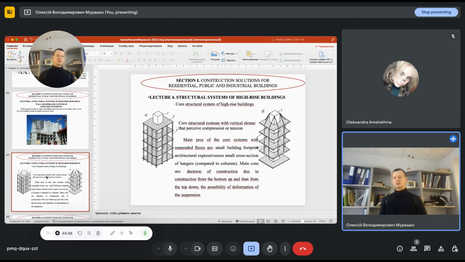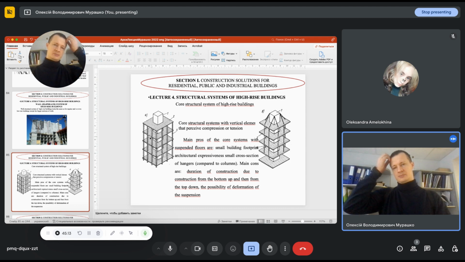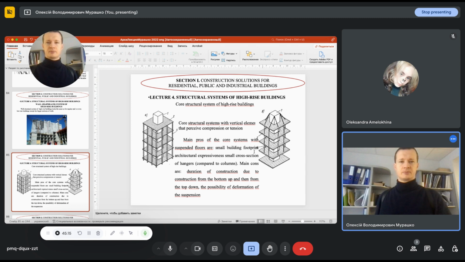Also, there is a core structural system for the high-rise building, and there are two types of core buildings: with suspended floors and with floors located on compressed columns. With suspended hangers, you can see there are no columns over there because these floors are hinged to this core, and this is the variant with the compressed columns.